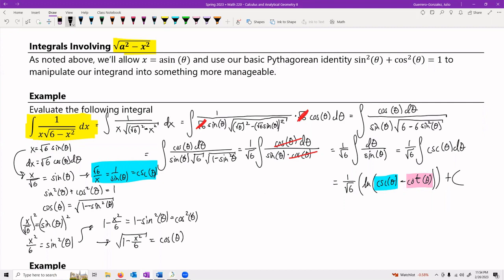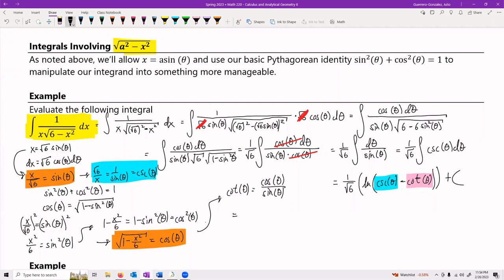Okay? So we have sine of theta. We now have cosine of theta. So then therefore, I'm going to move that over here. Cotangent of theta should be cosine of theta divided by sine of theta.